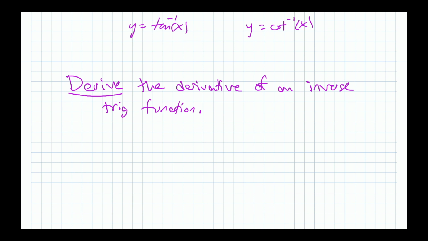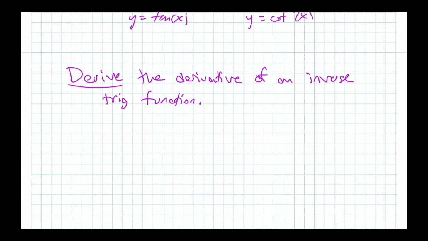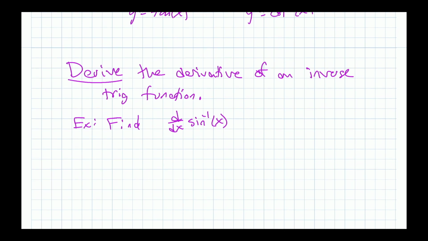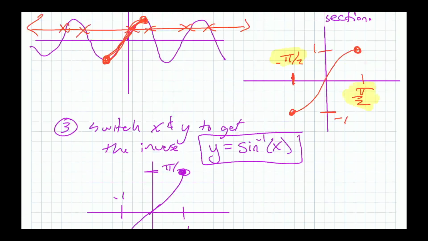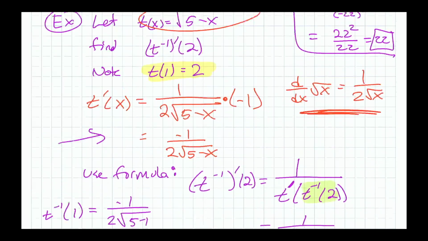Sine's not the easiest. It's just one of them. All right, so find d dx of sine inverse x. Now we could pretend that we don't know what the derivative of an inverse function is. Maybe we should, but I'm going to use the formula that we had up here.